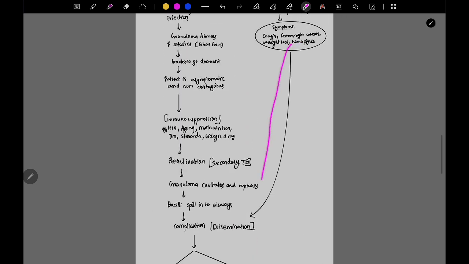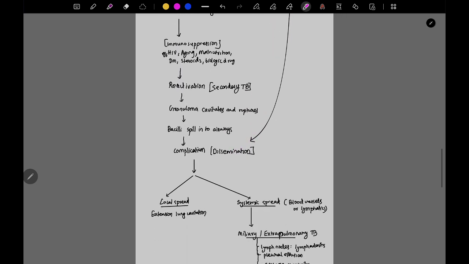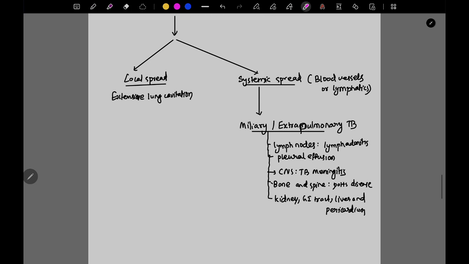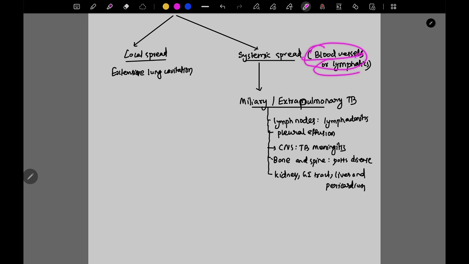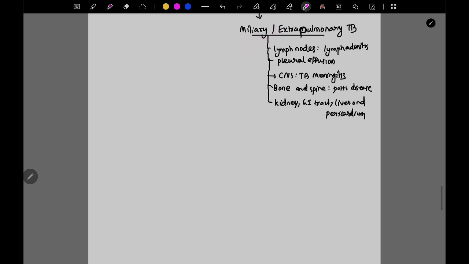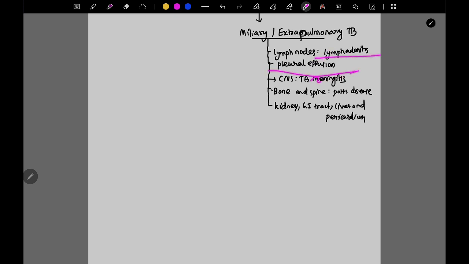It can occur in both primary progressive tuberculosis and secondary tuberculosis, and this can disseminate locally to form extensive lung cavitation, and it can spread systemically through blood vessels or lymphatics to form miliary or extrapulmonary tuberculosis that includes lymphadenitis, pleural effusion, tuberculous meningitis, Pott's disease, osteomyelitis, then renal tuberculosis, intestinal, it can spread to liver, pericardium, spleen, adrenals.